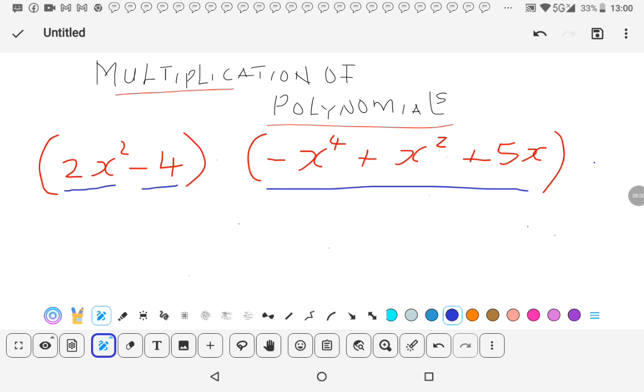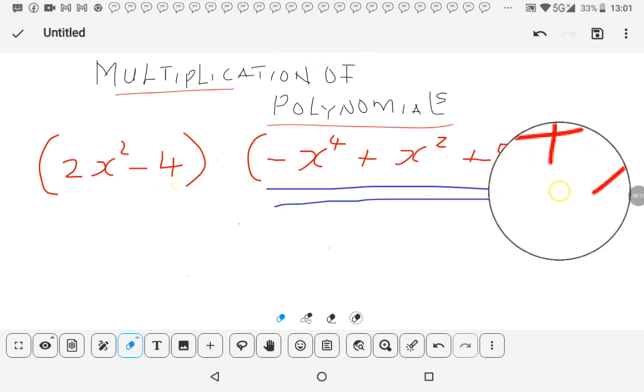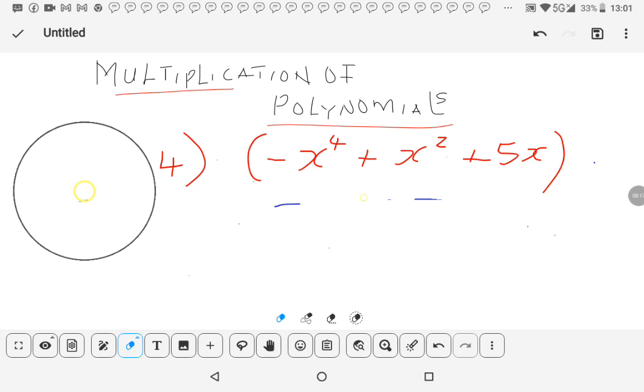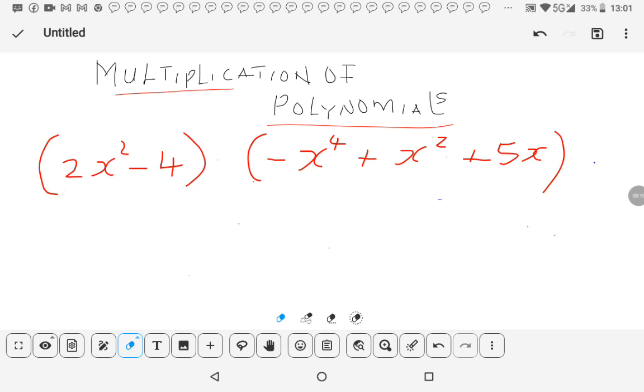You also multiply it with everything on this other expression. So let's put it into practice and see what is expected of us to do. Like I said, you're going to take the first term, which is 2x squared.